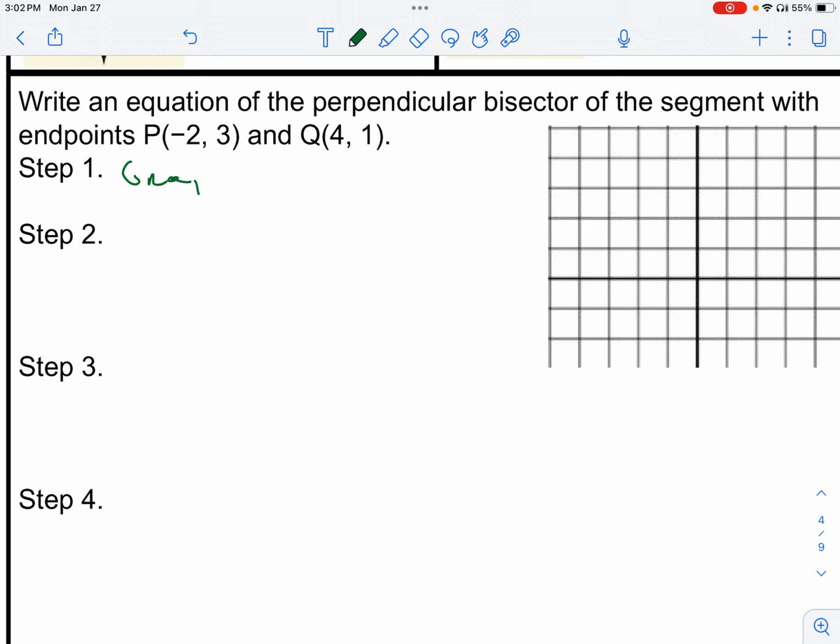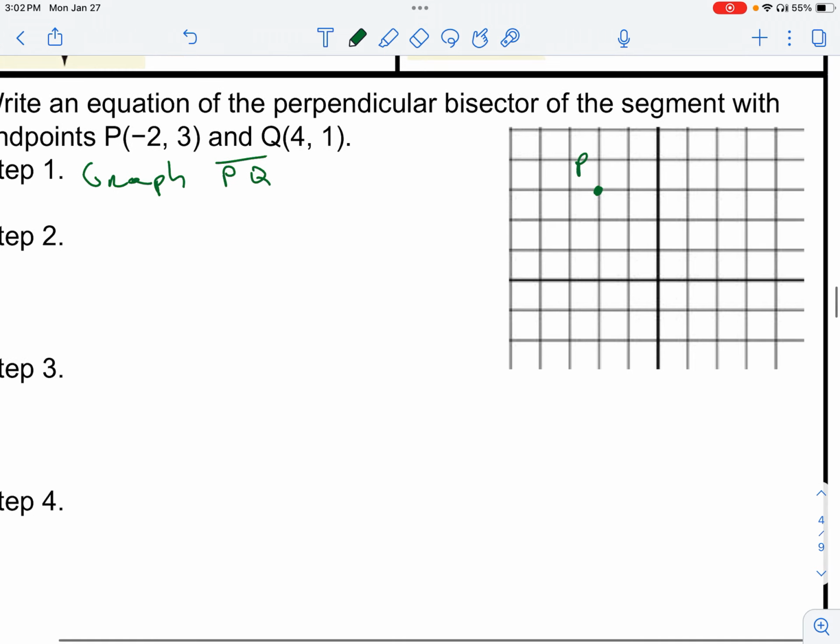So we're going to start off, and we're just going to graph PQ. So there's our P. 1, 2, 3, 4. And there's our Q. And there's our line.